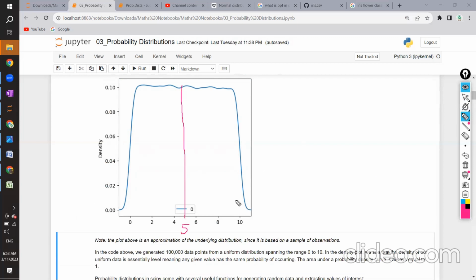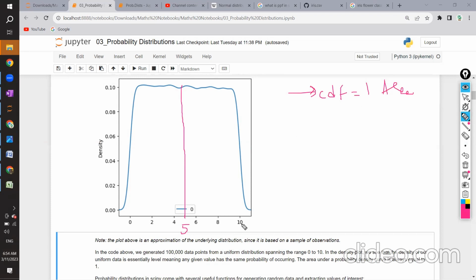The CDF maximum value is 1 because this is an area. I've mentioned this multiple times. The maximum value of the CDF is 1 because the overall CDF gives you the overall probability. If you take the maximum value, that should cover all values, so you are covering 100% probability, which means the probability will be 1.